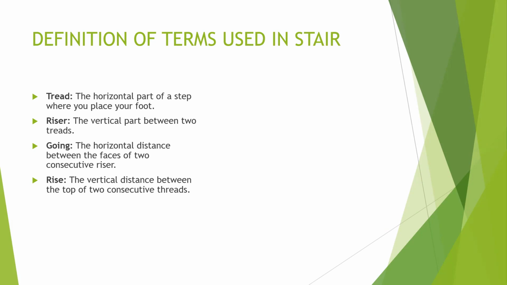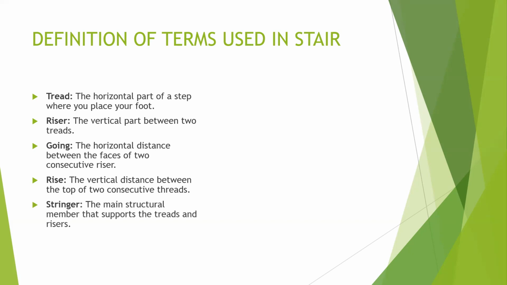We said if you place your right leg on the first tread, and then you place your left leg on the second tread, the vertical distance between the top of the two treads you are placing your legs on is what is called the riser. Sorry, is what is called the rise. The distance is the rise, then that part is called the riser.